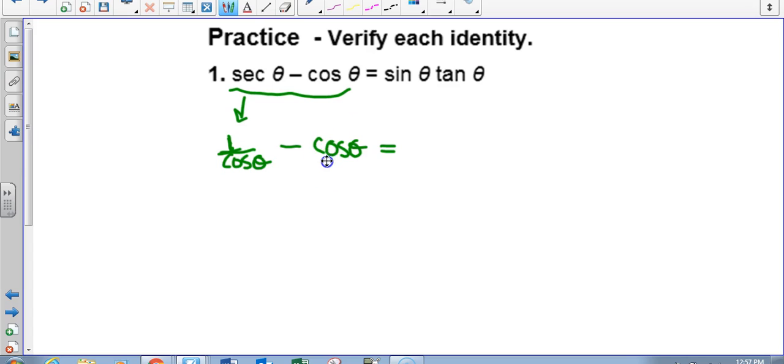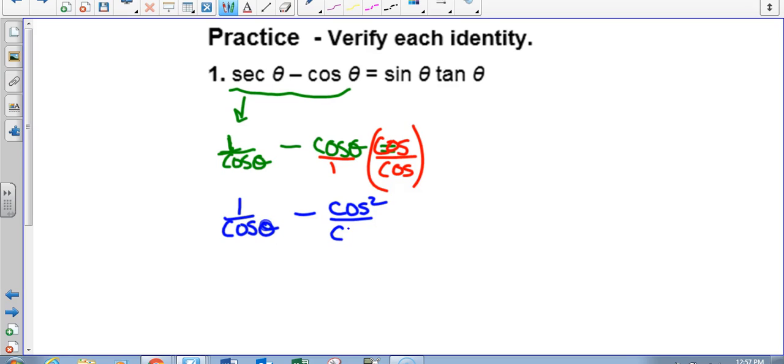Common denominator would be cosine. So this one needs to be multiplied by cosine over cosine. So we will now have this step, and then we're going to combine into a single fraction.